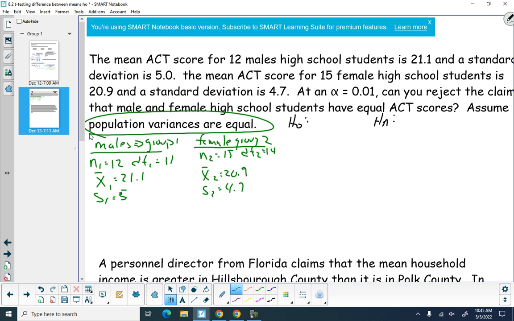Null and alternate. Can you reject a claim that male and female students have equal ACT scores? So we're still mu1 equal mu2, mu1 not equal to mu2. We're still a two-tail test.